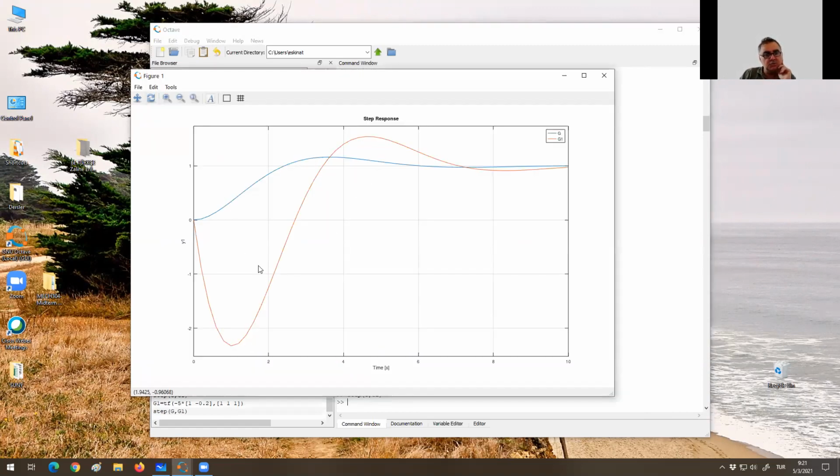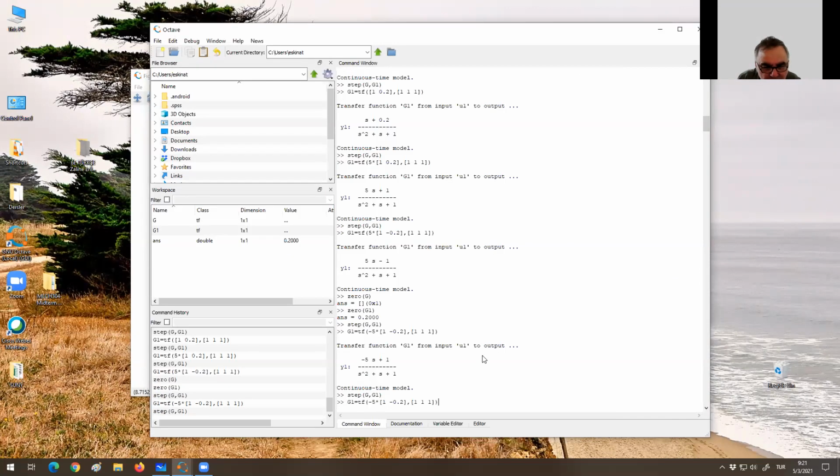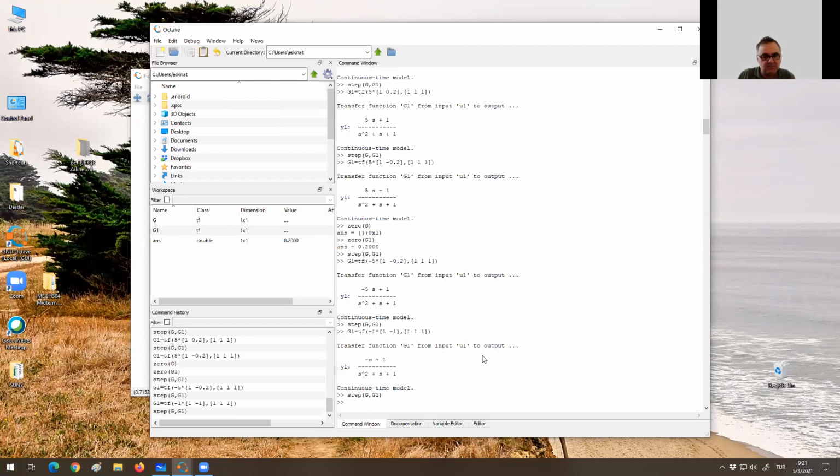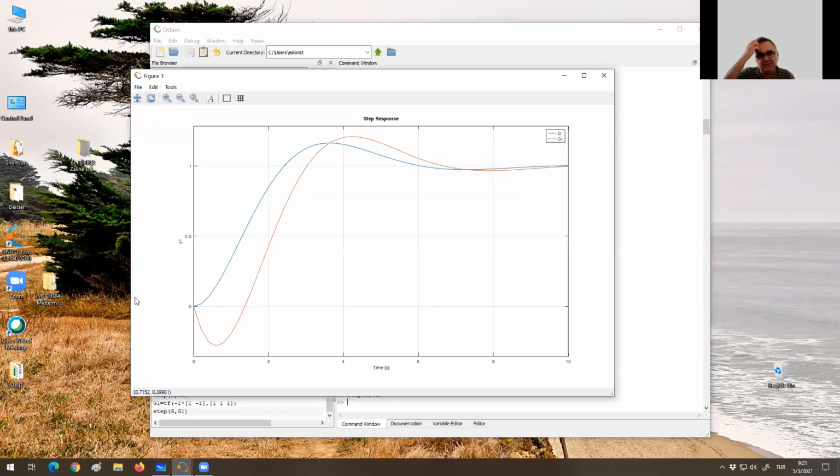Well, there is an overshoot, but the overshoot is on the opposite side, as you see. There is an undershoot. This is very drastic, but let me just show it with the following. Let's say that we have a zero at -1, so that we look at it here. This is more reasonable.